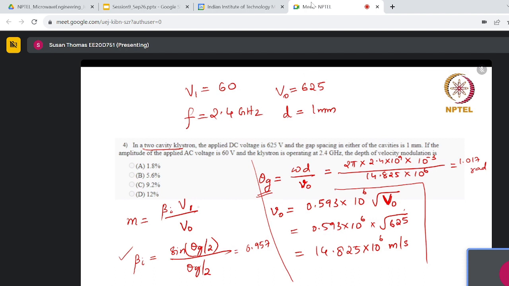Now, substitute in and find out modulation depth. 0.957 into 60 divided by 625. So what is the right option here?